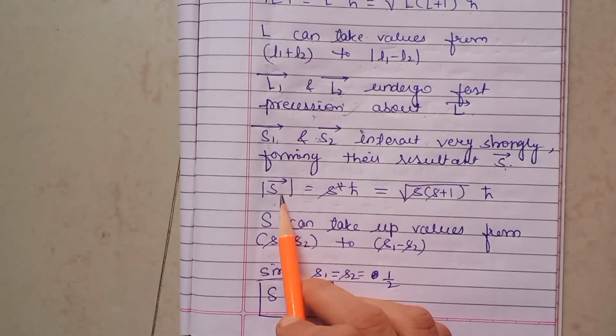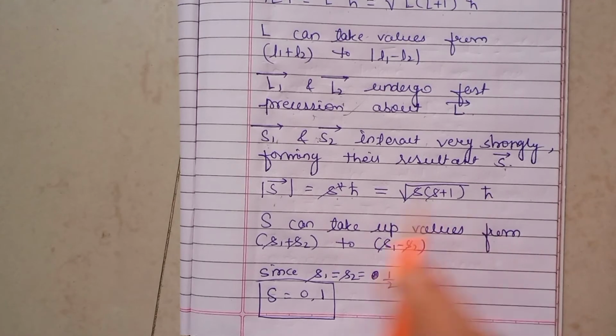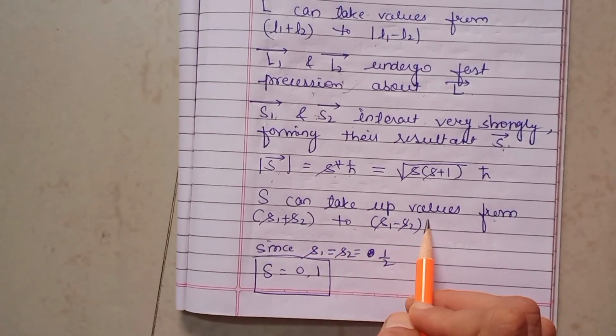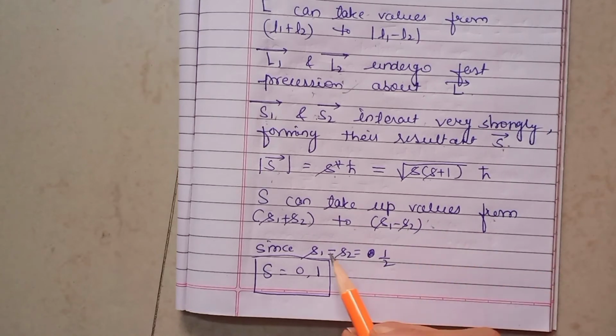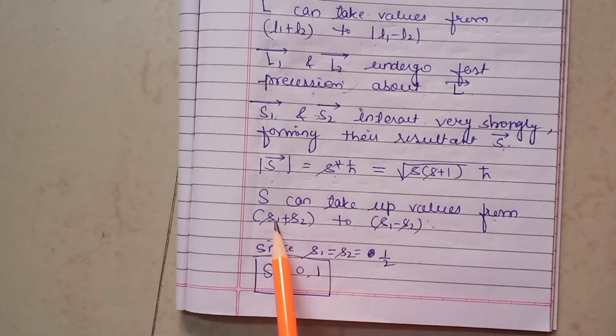So magnitude of vector S is s star h cross, equal to under root s into s plus 1 times h cross. Now this S can take up two values, s1 plus s2 and s1 minus s2. And we know that the value of s1 is equal to s2, that is half. So S can be half plus half, that is 1, or half minus half, that is 0. So capital S has two values, 0 and 1.